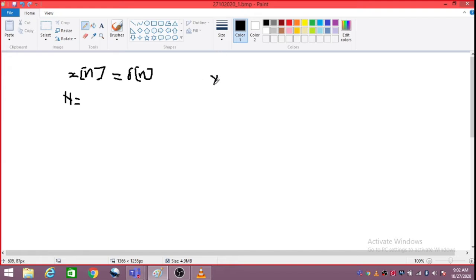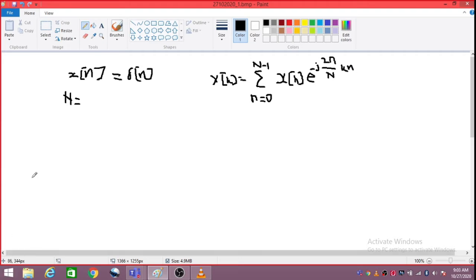DFT क्या होगा? xk will be summation n changing 0 to n minus 1, xn e raised to power minus j 2 pi by capital N kn.